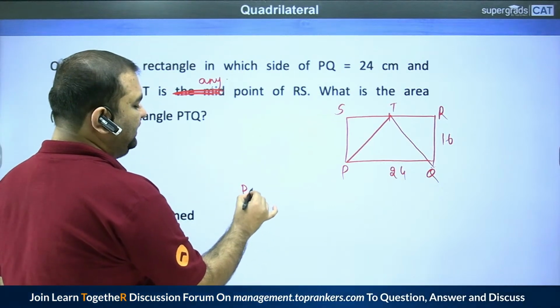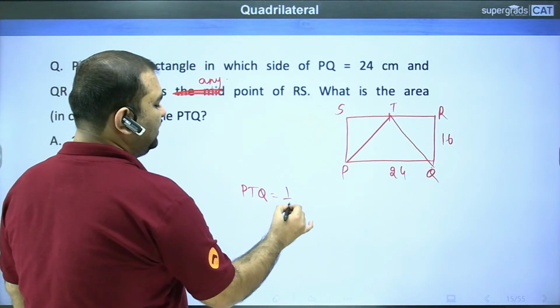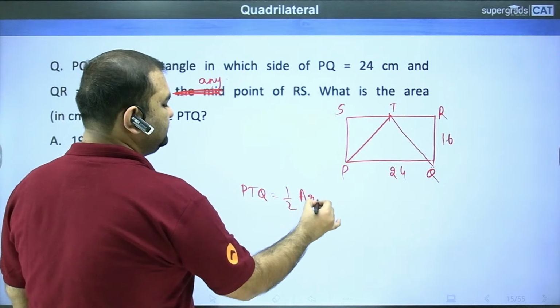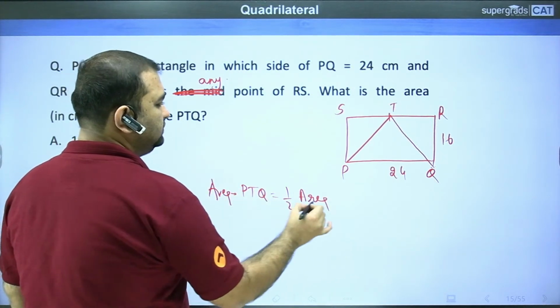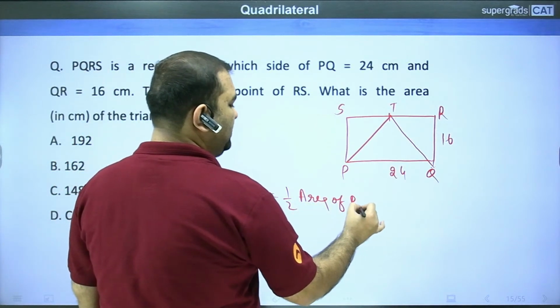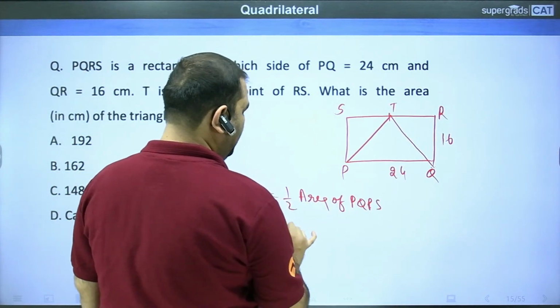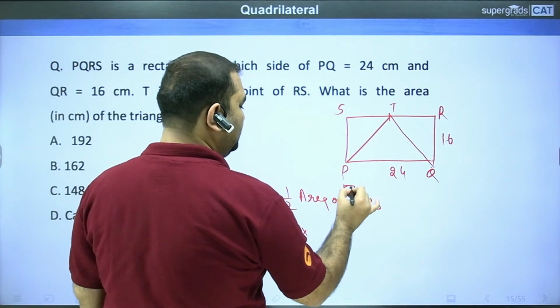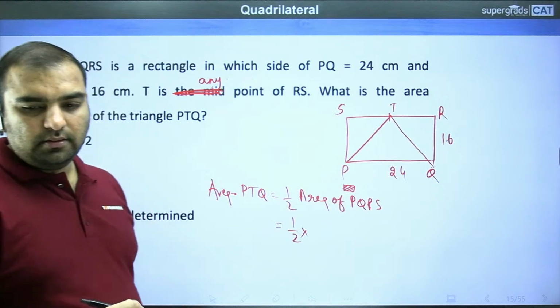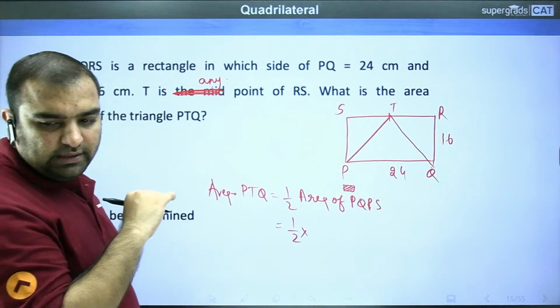Again, area of PTQ is half the area of rectangle PQRS. What is the area of a rectangle?